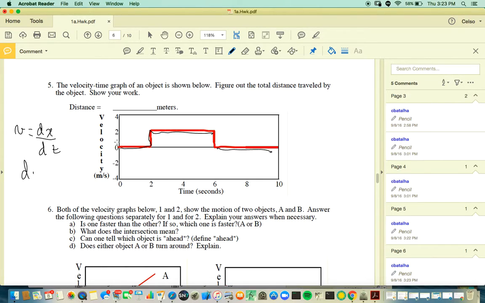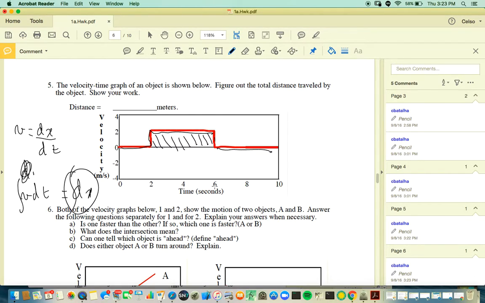So if you have a graphic of velocity versus time, if you integrate your velocity versus time curve, you have the total distance traveled, basically. So if you calculate the area under this curve, you would know the total distance traveled.